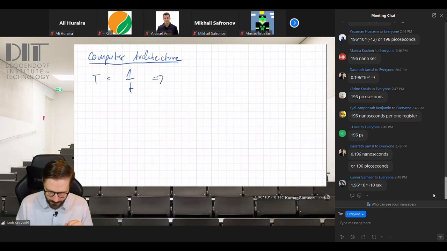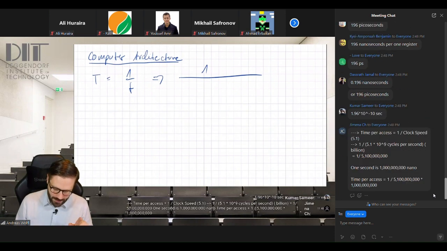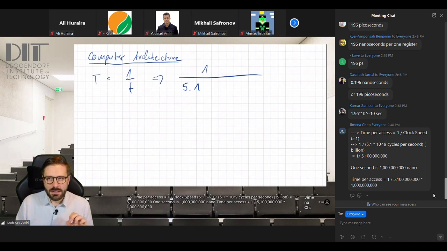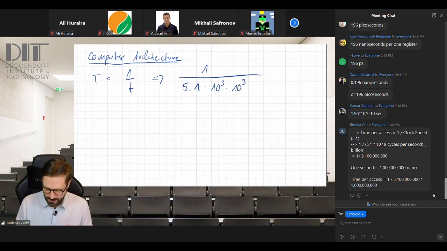So what we need to calculate, if we want to have the time, is the frequency in gigahertz. So we have 5.1 gigahertz. And 1 gigahertz is 10 to the power of 3 megahertz, 1 megahertz is 10 to the power of 3 kilohertz, and 1 kilohertz is 10 to the power of 3 hertz.